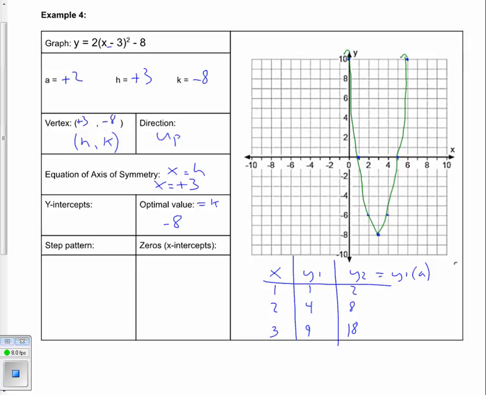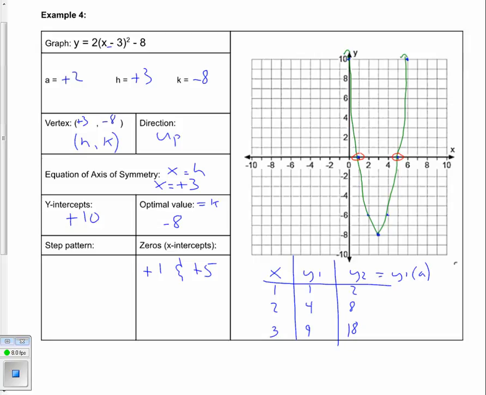So our zeros happen here at positive 1 and positive 5. Okay, so positive 1 and positive 5 is where it happens to cross the x-axis, and it will intersect the y-axis. The y-intercept actually happens right there at positive 10.